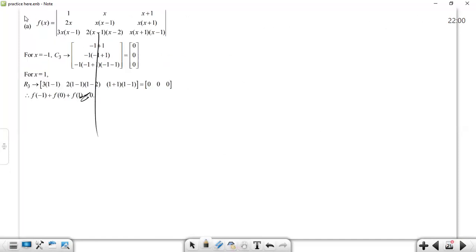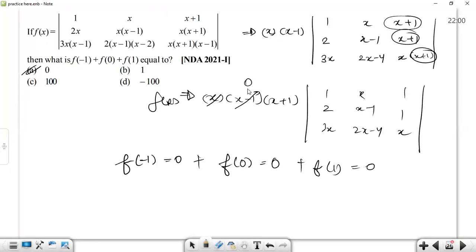Please understand that we have just observed the given determinant, taken something common, and then smartly solved it. Otherwise, it would take a lot of time, and there are higher chances of calculation mistakes if you solve those big calculations. Observe the determinant that is given.